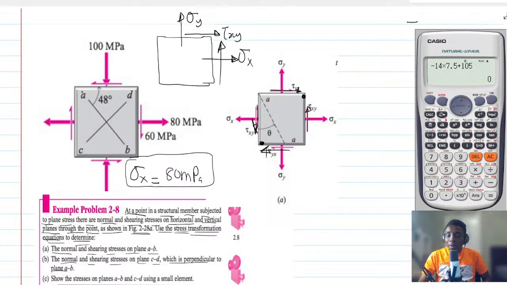Now, how about the y? The y, is it positive 100 or negative 100?